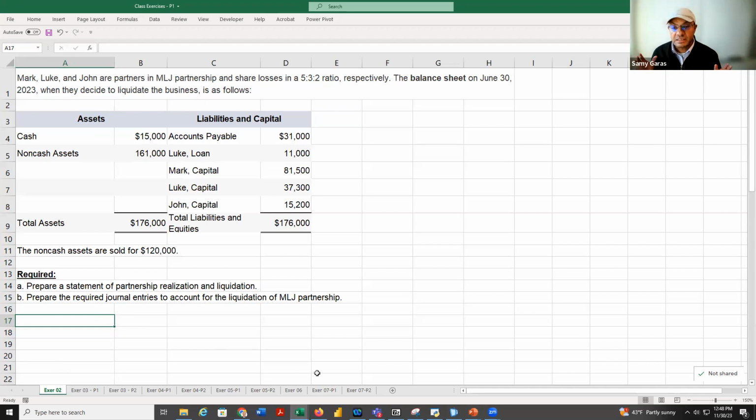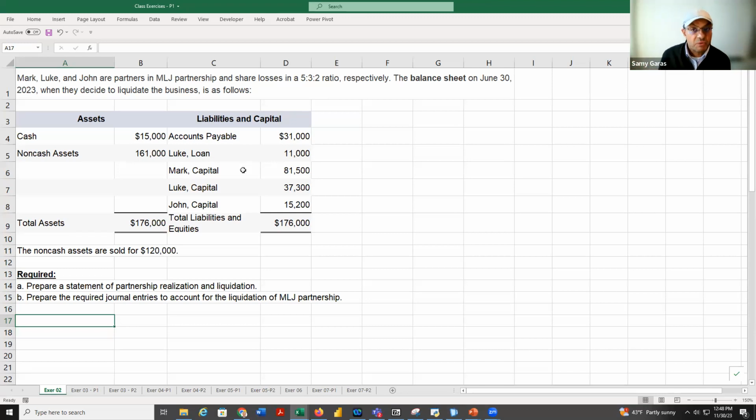In these exercises, we will go through the journal entries, the statement of realization and liquidation, and other issues that we might face during the liquidation. So here we have Mark, Luke, and John. They make a ratio of 5 to 3 to 2, and they are partners. And they decided to shut down their business and get their money back.